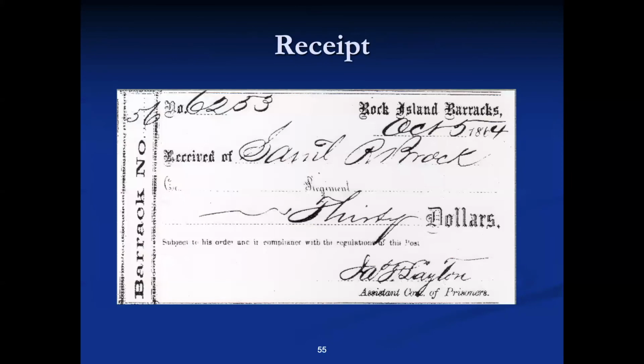This is Samuel Brock. He's a prisoner of war at Rock Island Barracks in 1864, and someone has sent him $30. So in the records of Rock Island Barracks, there are receipts for these dollars. Now, why didn't Sam get it? Sam was dead.